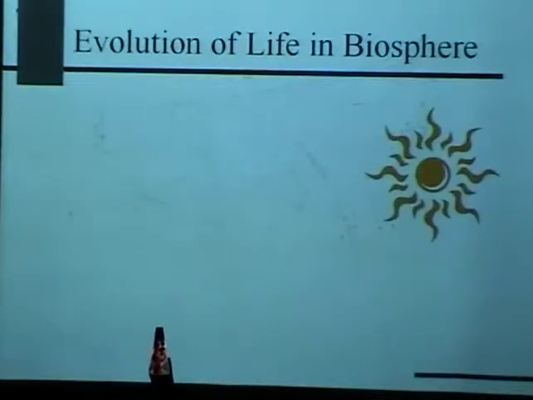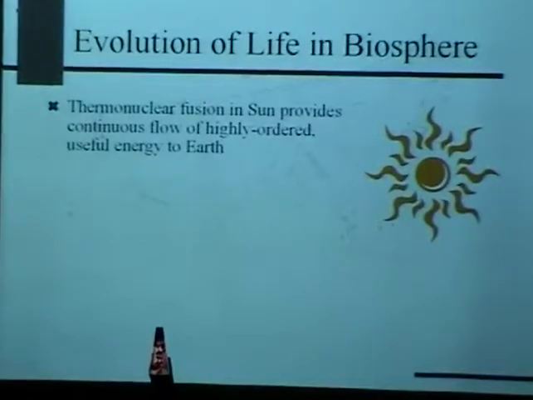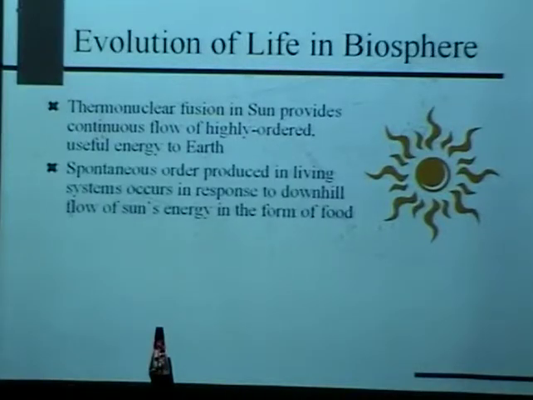If you look at evolution of life in the biosphere, take a look at the downhill flow of energy that is provided by the sun. The thermonuclear fusion of the sun provides this very high-quality energy in the form of the photons that we get here on Earth. And organisms on the Earth and the ecosystems can tap into this energy flow and create order, localized order.